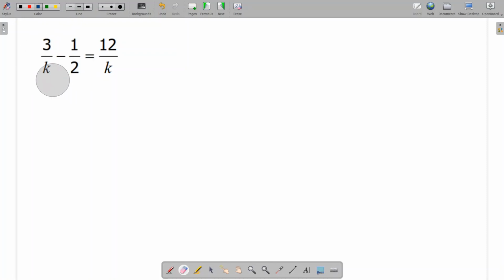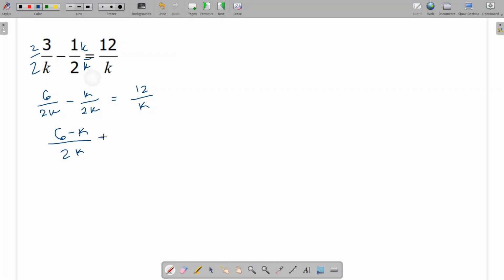So we need to multiply this one by 2, this one by k, and we get 6 over 2k minus k over 2k. So now this becomes 6 minus k over 2k.